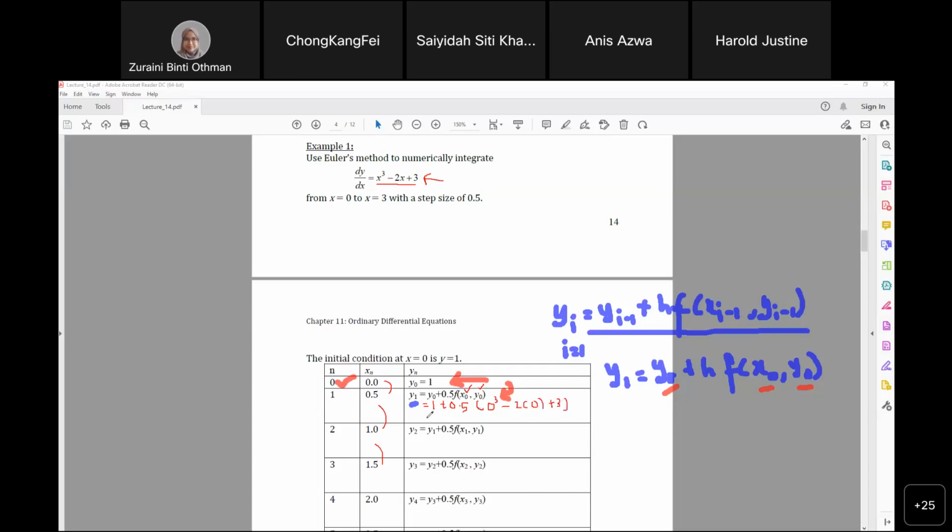Yang ni sama juga dengan 1 campur 0.5 kali dengan 3. Betul. And we get the value of y1 ialah 0.5 kali 3 ialah 1.5, jadi kat sini ialah 2.5. Betul?